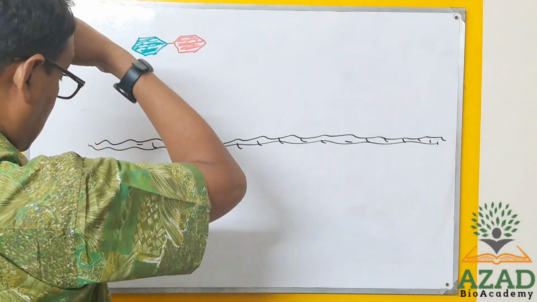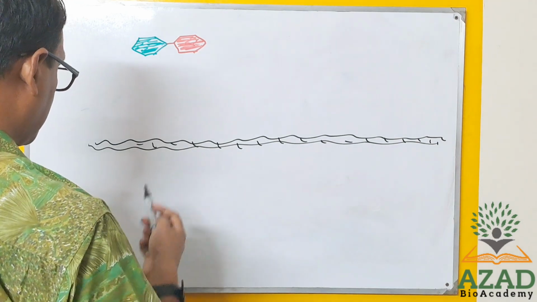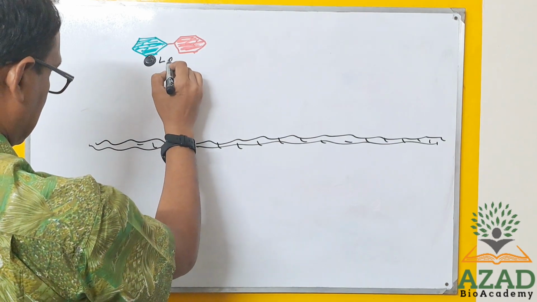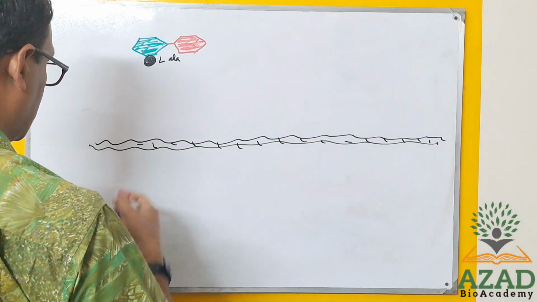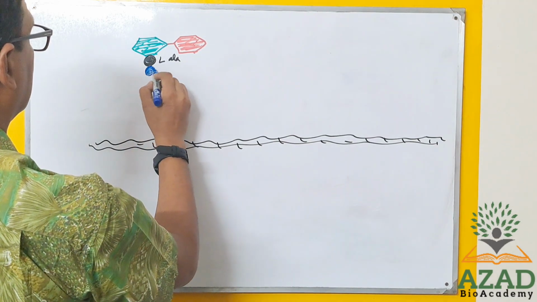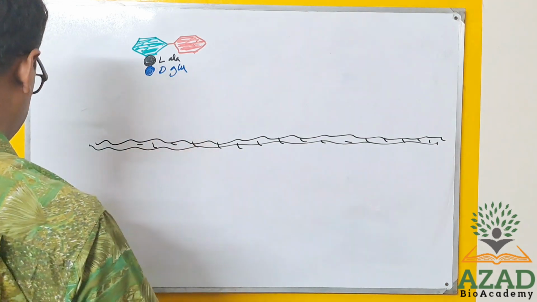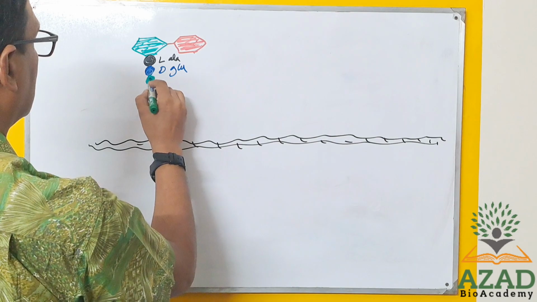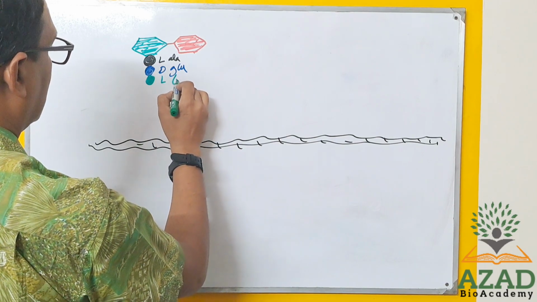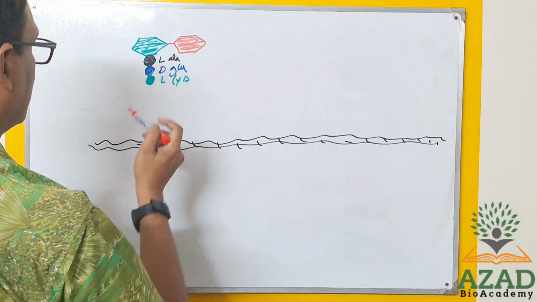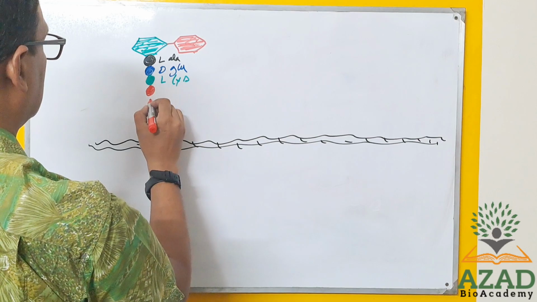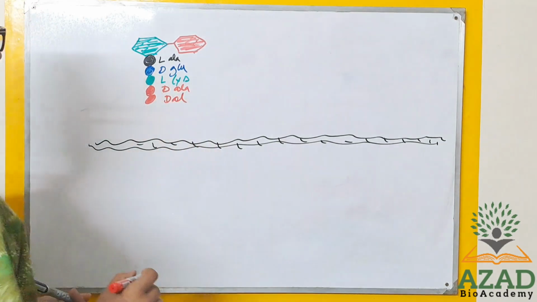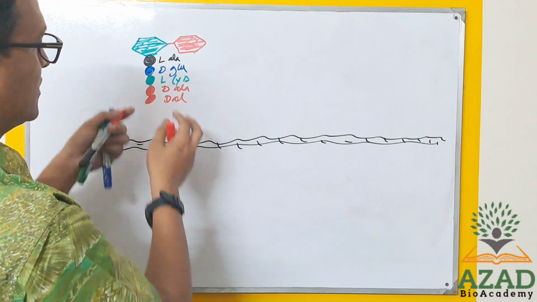And you know that N-acetyl muramic acid will carry a pentapeptide. The first one is L-alanine, the second one is D-glutamine, the third one is L-lysine, and the fourth and fifth are D-alanine and D-alanine. So this is one unit.